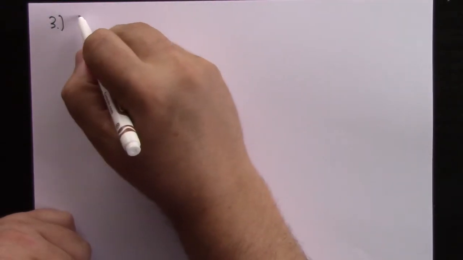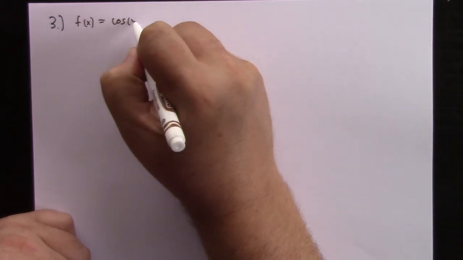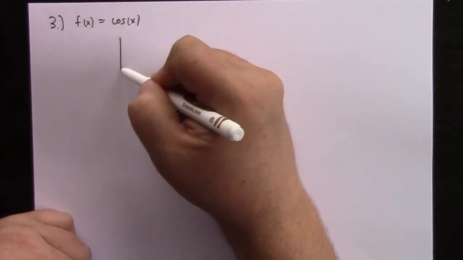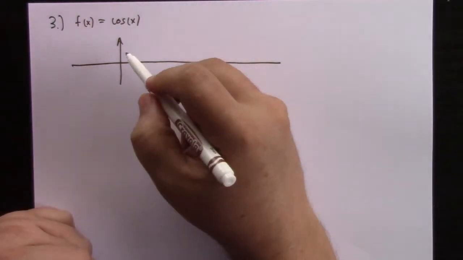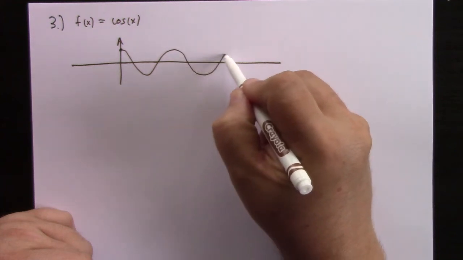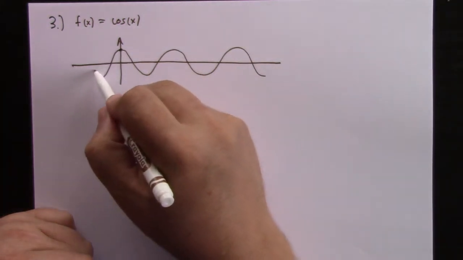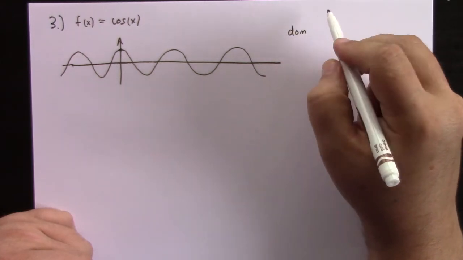If you look at cosine, the story repeats itself here. Much the same story, right? f equals cosine of x. It's just a little bit different than sine. It starts at 1 and then it does like this again. Again, the domain, I won't go into all the details here as much.